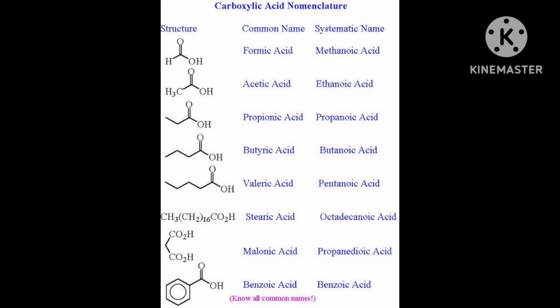Okay, OH. Now here you can see this structure, how can you write it? In carboxylic acid, the bonds to the carboxyl carbon lie in a plane. First important point: the bonds to the carboxyl carbon lie in one plane and are separated by about 120 degrees. You know the angle.